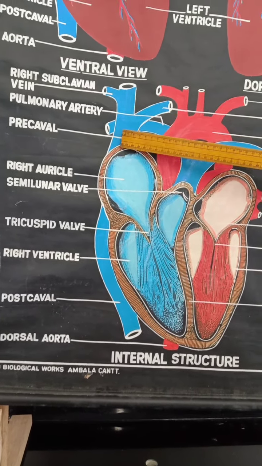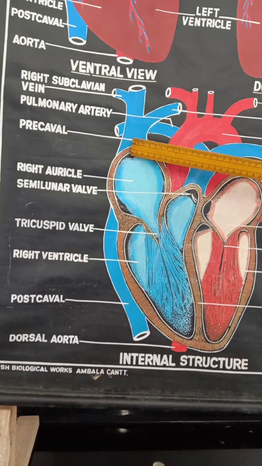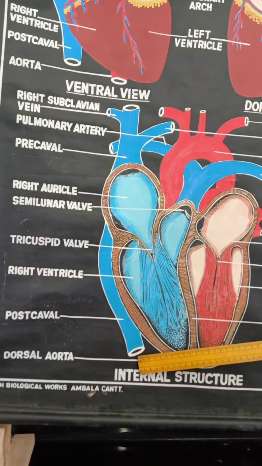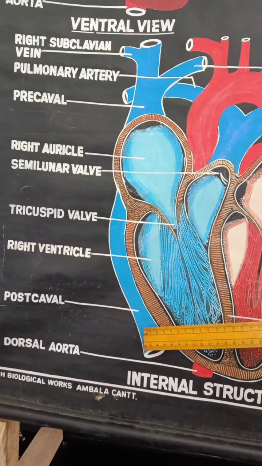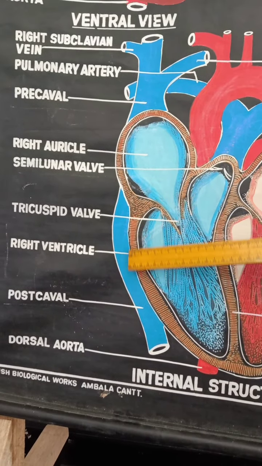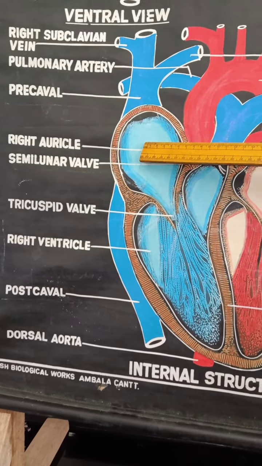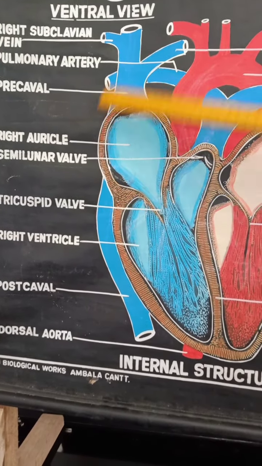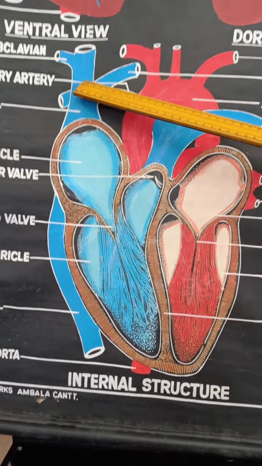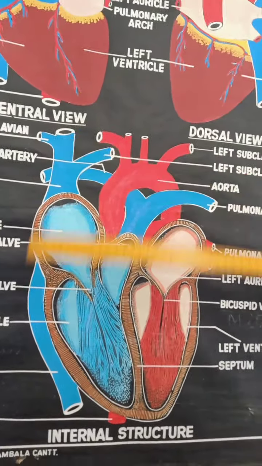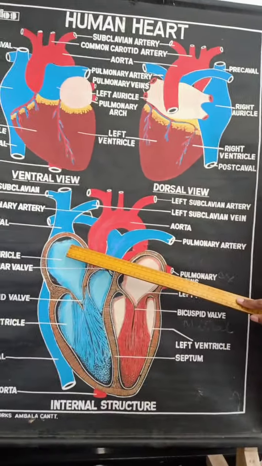And this is the inferior vena cava, or the post caval blood vessel, which brings deoxygenated blood from the lower body parts to the right auricle. These two are the major veins, the vena cava.